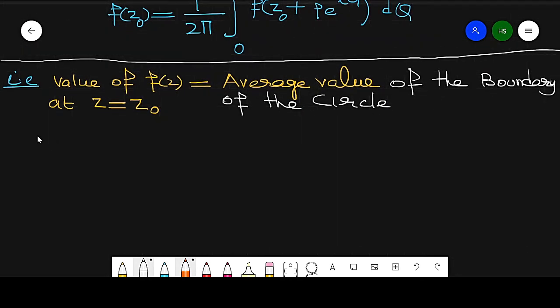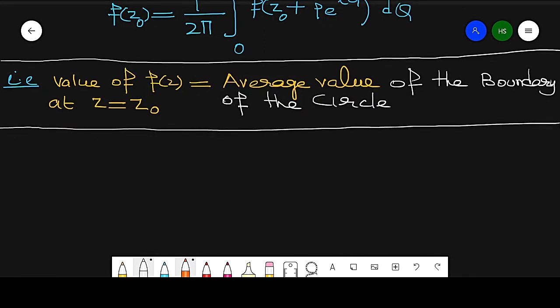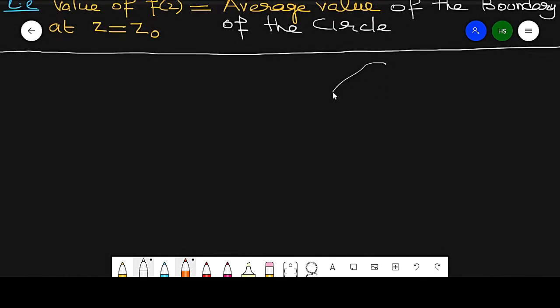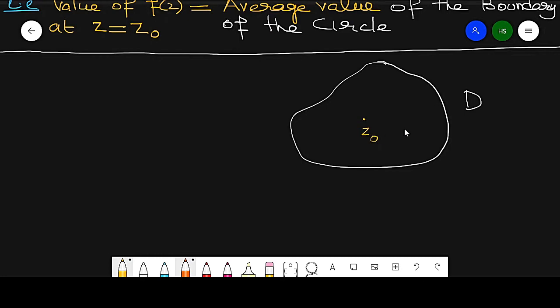So first understand the statement. What is the given part? Suppose this is some domain D, and this point is z0, which lies inside the domain. Suppose this is a circle gamma whose radius is rho.